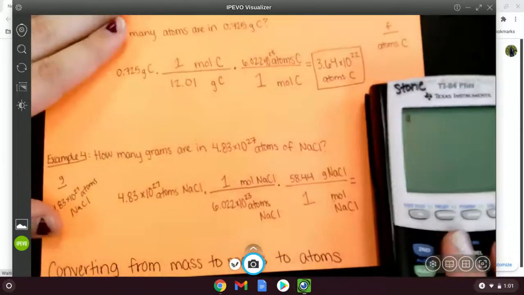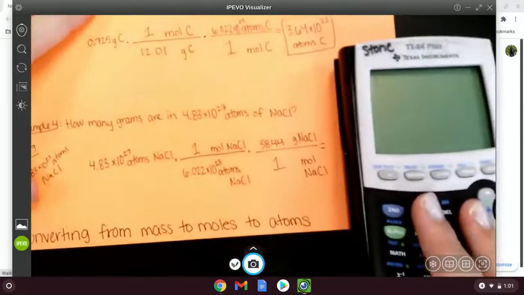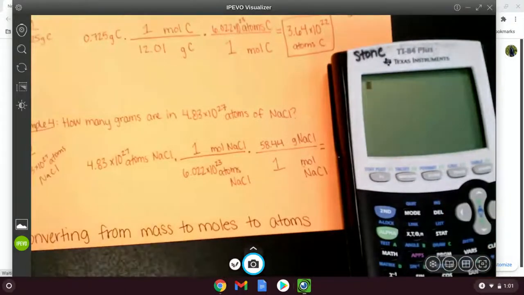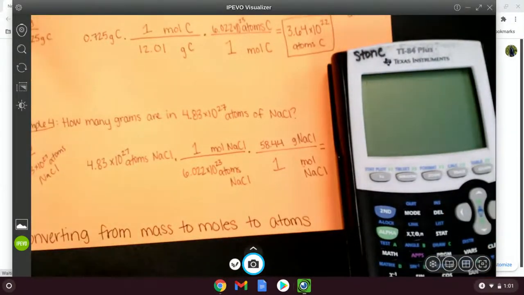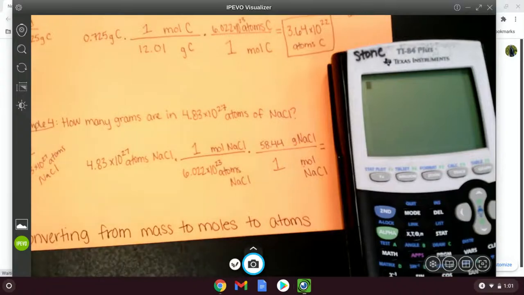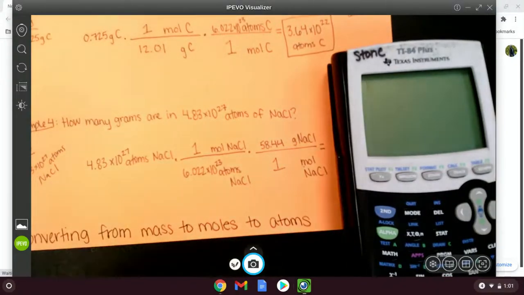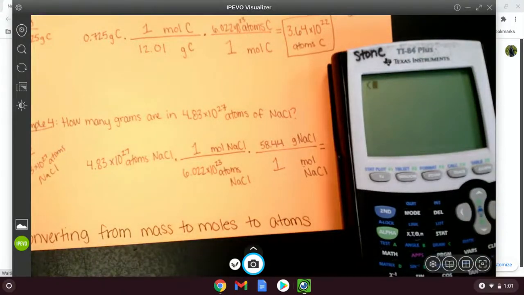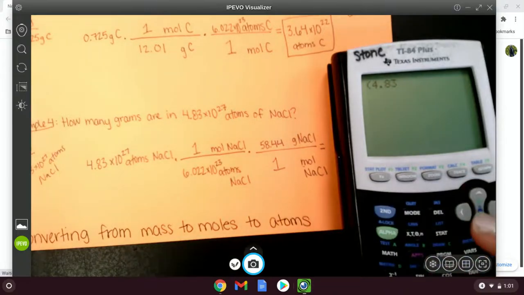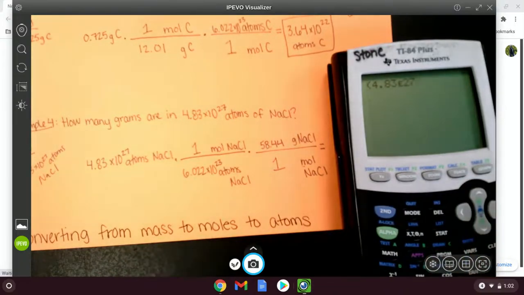So we are ready to do some calculations. You can see my calculator. Again, everything on the top gets multiplied, everything on the bottom gets multiplied, then you divide those two numbers. So we have parentheses, 4.83 EE 27, close parentheses, times 58.44, and you get that number.